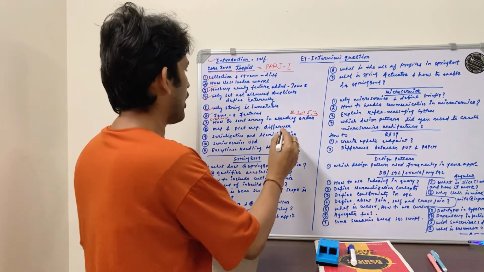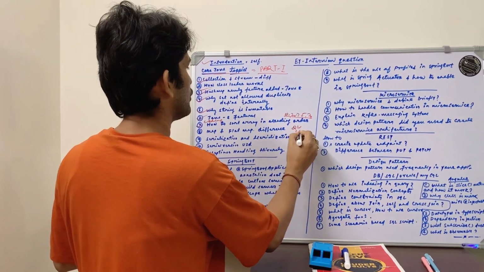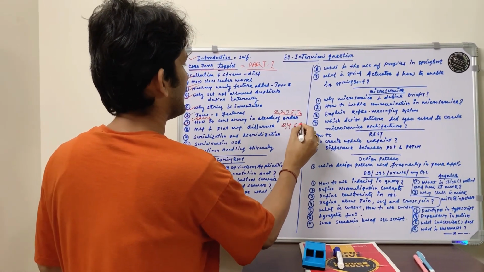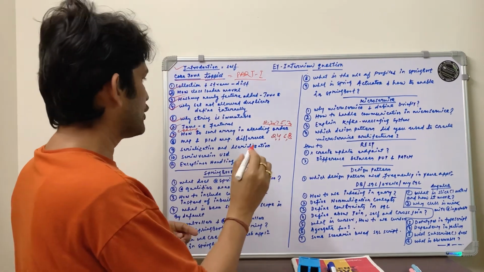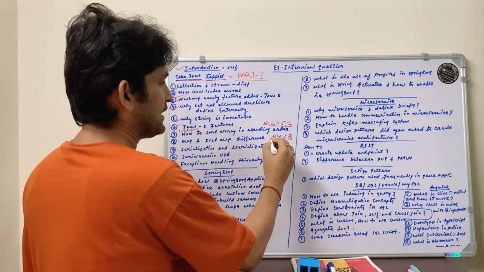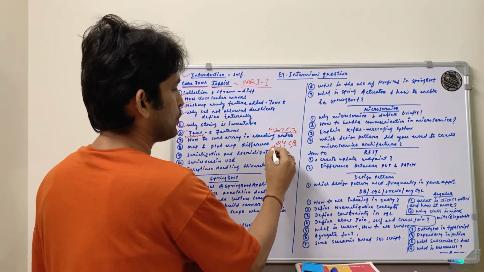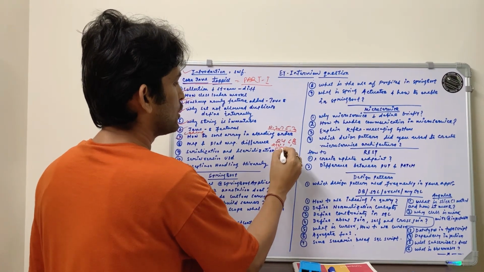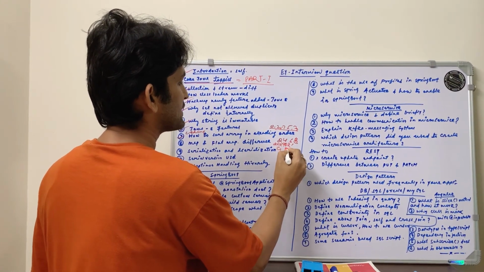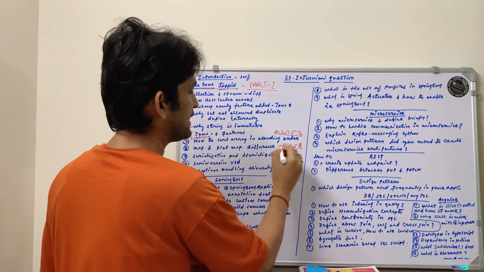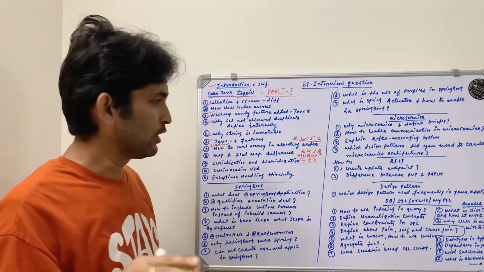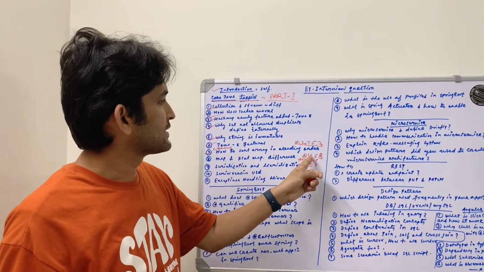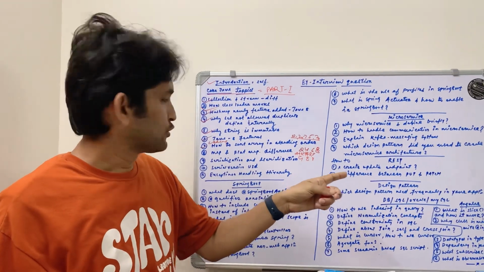Suppose the list is 2, 4, 6 and 8, right? So 2 plus 2, what will it be? 4. 4 plus 2, 6. 6 plus 2, 8. That means for each and every element, if you add 2, the result will become 4, 6, 8, 10. So that is called the map.